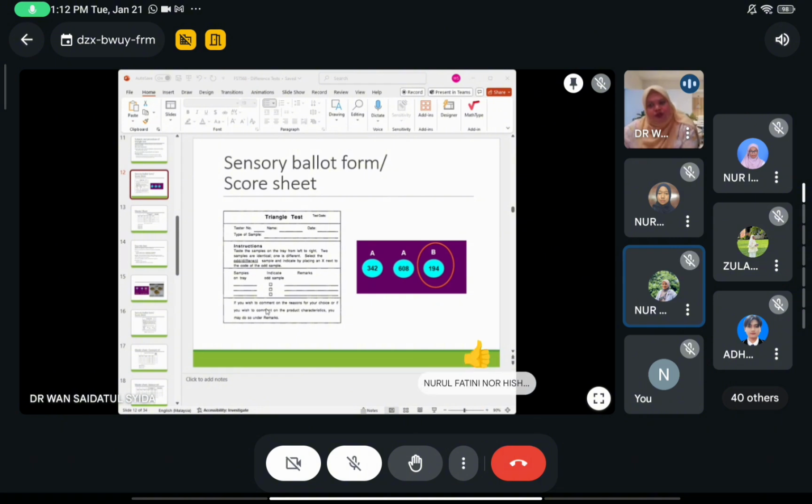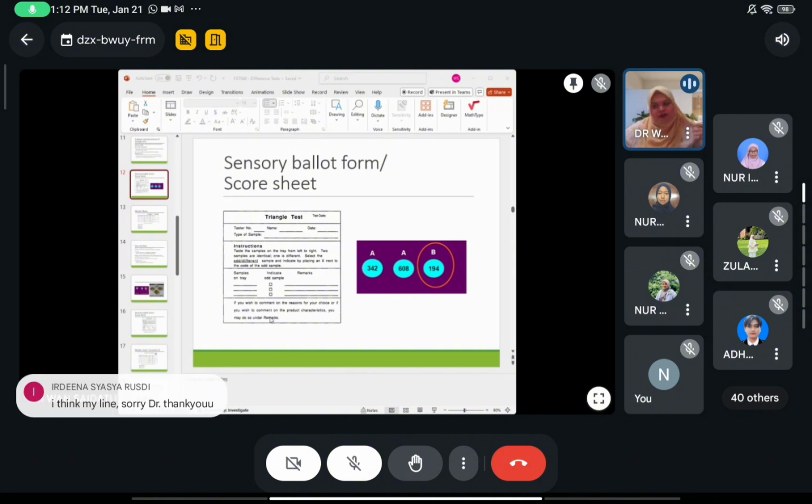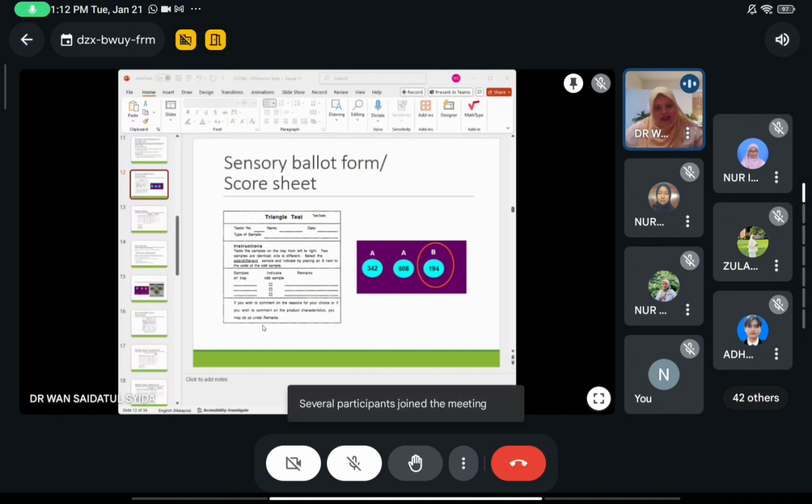Alright, yes, okay, doctor. So you will be given several situations. Okay, and then you have to match. You have to suggest, you have to identify, maybe you have to determine which is the most suitable method out of the different tests that the experimenter or the analyst should use.